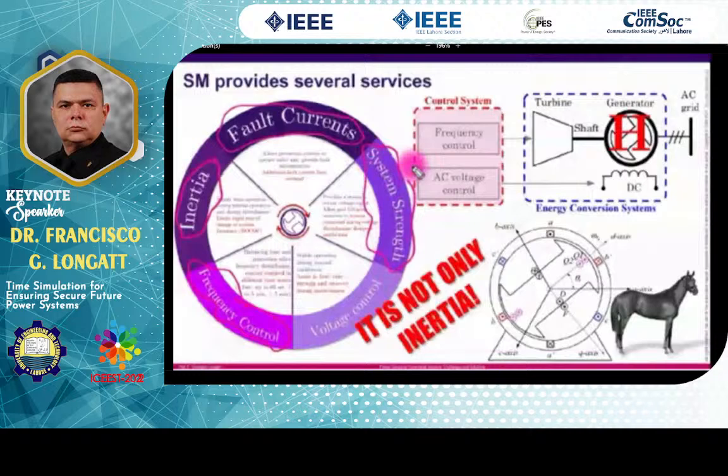System strength is a very interesting concept that we started to look at very carefully probably 5 or 6 years ago, because the synchronous machine always produces a beautiful sine wave that we can use inside the electrical power system. And we didn't consider the possibility that the signal would start to be distorted and lack the sine wave shape.